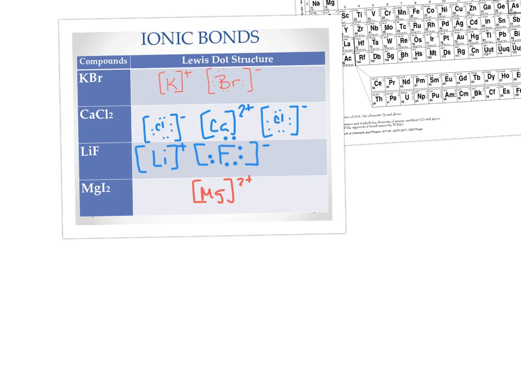It's going to give 1 to the first iodine, which now has 8 valence electrons with a negative charge, and then another iodine over here with also 8 valence electrons, and it also has a negative charge. So that is how we write the Lewis dot structure for magnesium iodide.